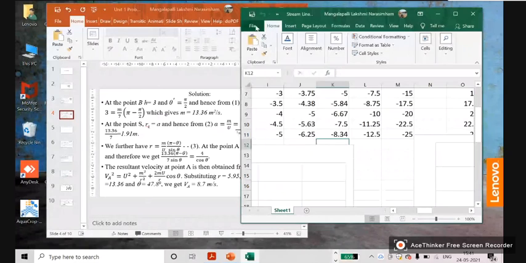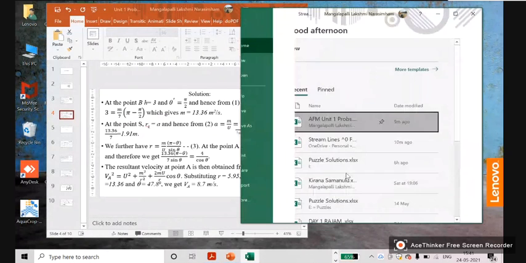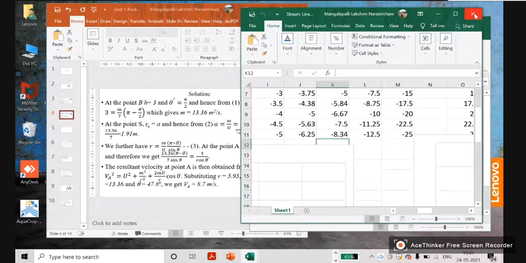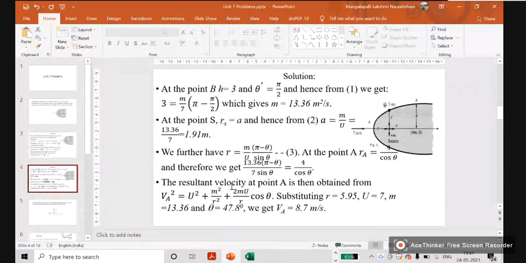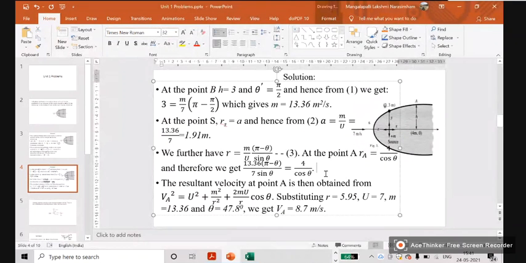Now, use the value of theta as 47.8. So your answer is theta is equal to 47.8.